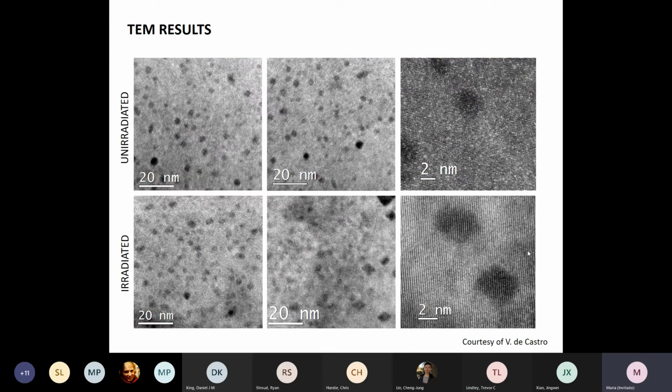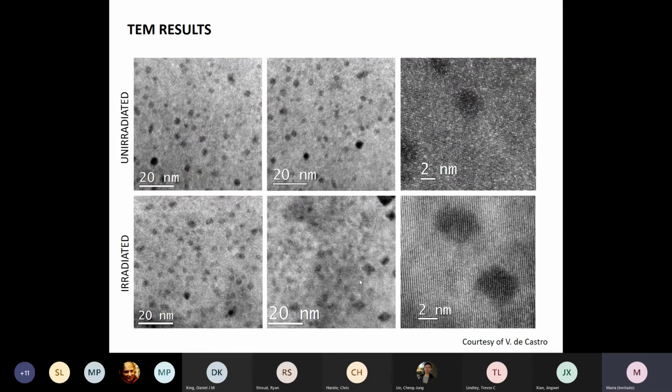And what we could observe, these results are work in progress. We can see a comparison between the unirradiated and post-irradiated sample, and the homogeneous distribution of nanoparticles is still present. And the main difference that we can observe between them before and after irradiation is that some of the precipitates change shape from round to square.